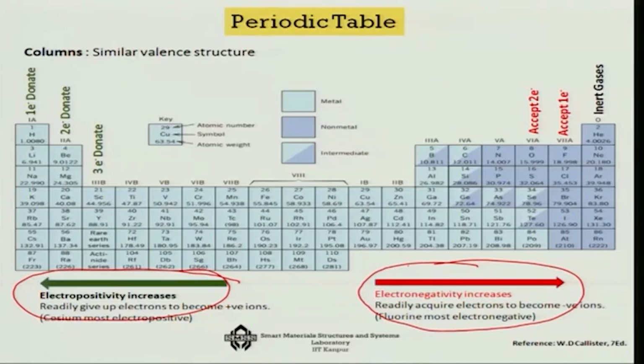Say for example, if we look at the leftmost corner of the periodic table, this is the region where all these atoms can actually give one electron. Giving one electron is very easy for them. So, that means they are the top in terms of electropositivity. They can anytime very easily lose that electron and become electropositive.